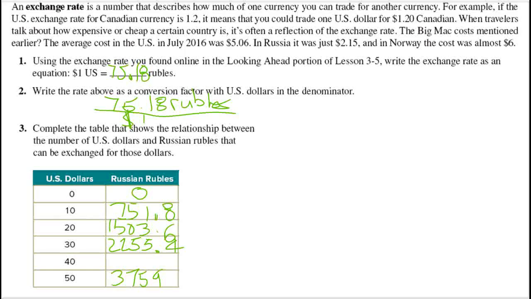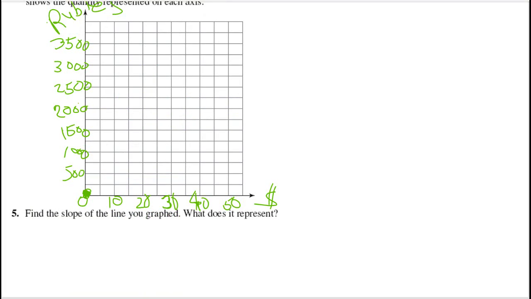10 and 750. So $10. And 750 is halfway between 500 and 1,000. And you'll notice it's not exactly 750, it's 751.8.